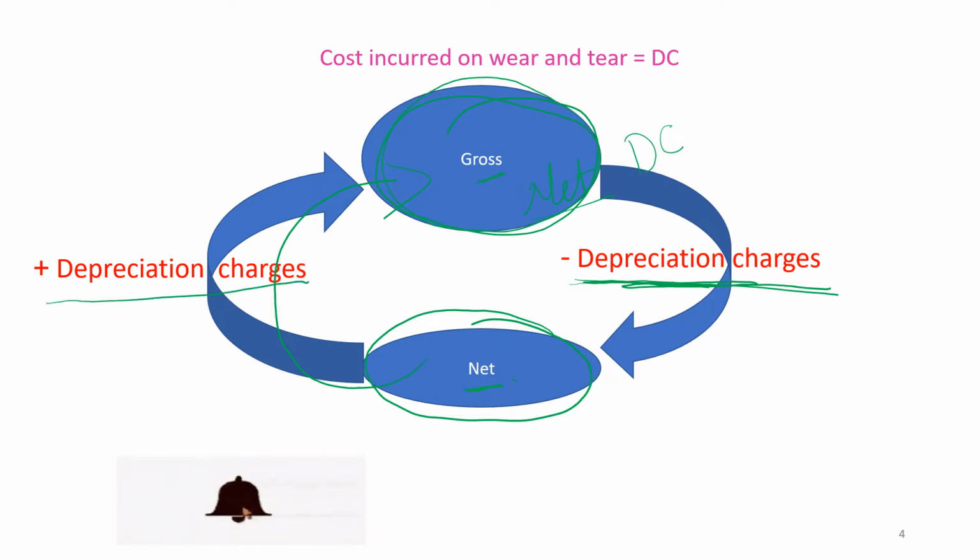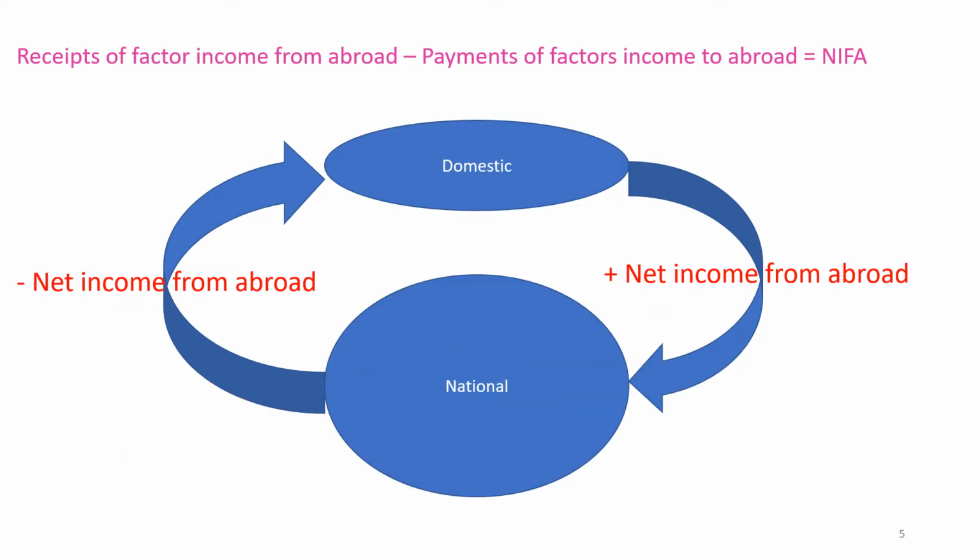If you are coming from gross to net, then you should deduct the depreciation charges. Dear students, domestic is a smaller concept and national is a little bigger concept. You can keep it that way: to make small to big you should add, and from big to small you should deduct.